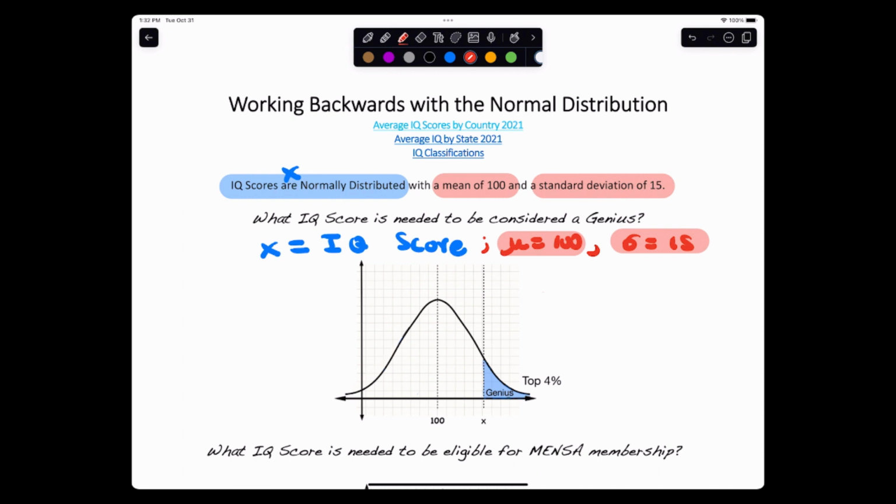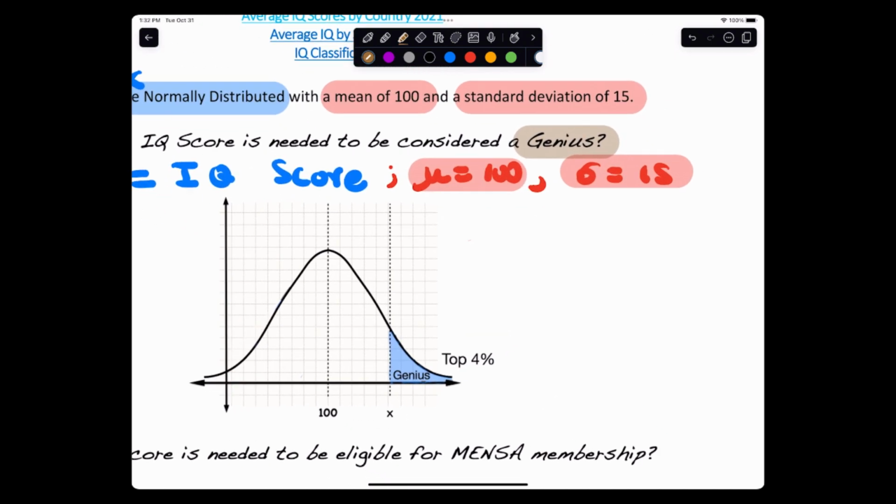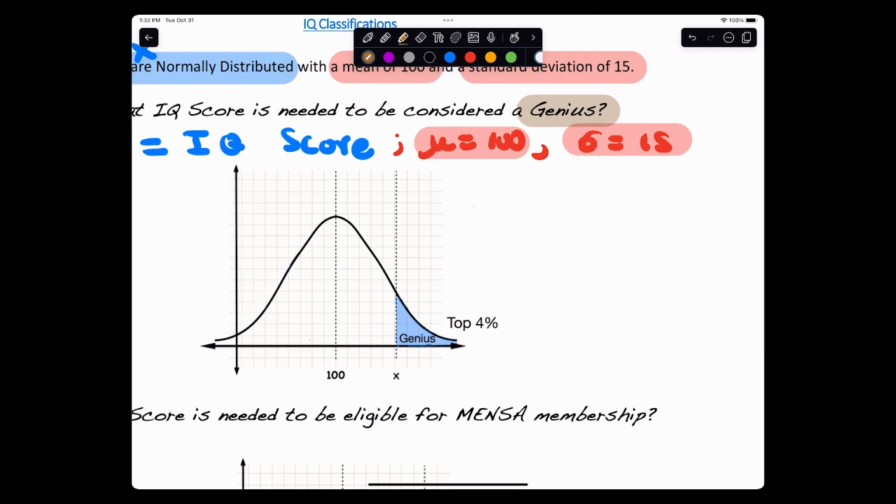So now, look at what the question is. They're going to say, what IQ score is needed to be considered a what? A genius, ladies and gentlemen. Does anybody know? What's the definition of a genius?